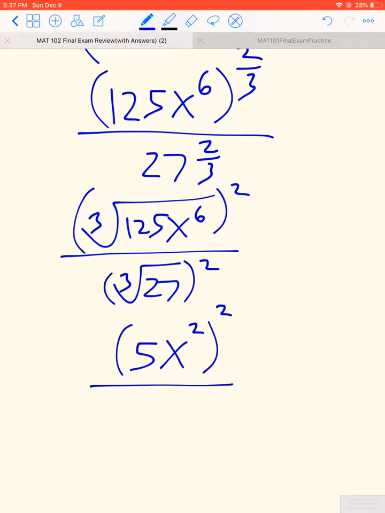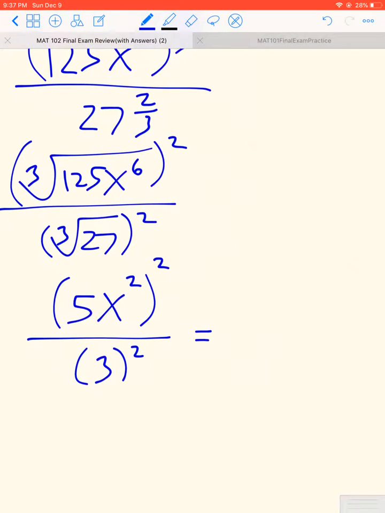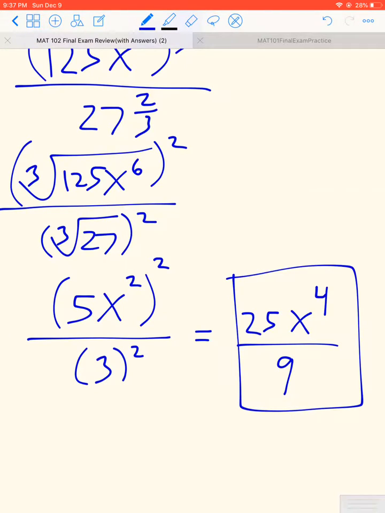The cube root of 27 is 3, which is also going to be squared. 5x squared squared will give us 25x to the 4th, all over 3 squared, which is 9. So that's our final answer, 25x to the 4th over 9.